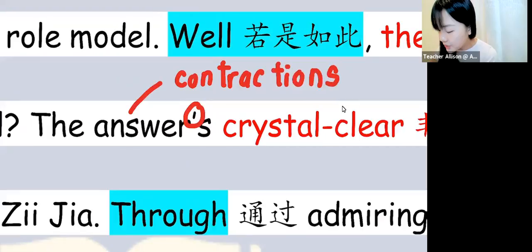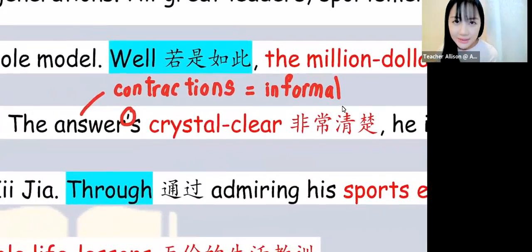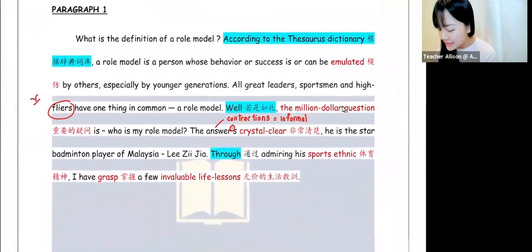And just to let you know, contractions are actually super duper informal, and you can only use them in an informal setting. But guys, as y'all can see, this essay, my role model, is not an informal essay, it's a formal essay. So if I were you, remember to never make this mistake.